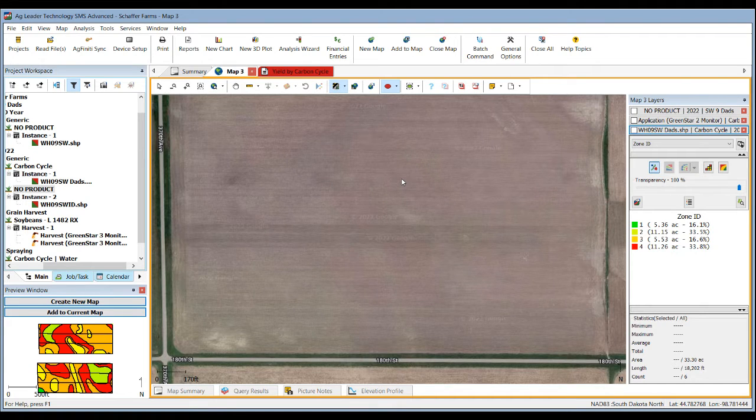I'd like to show you some test results we had from a biological agent that a customer requested to use on soybeans.